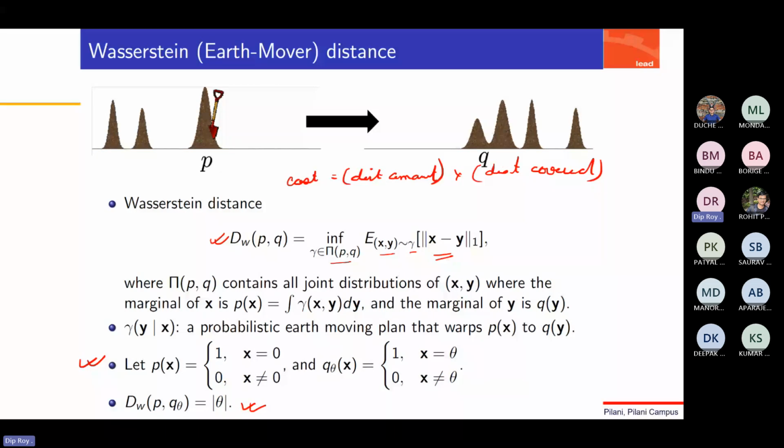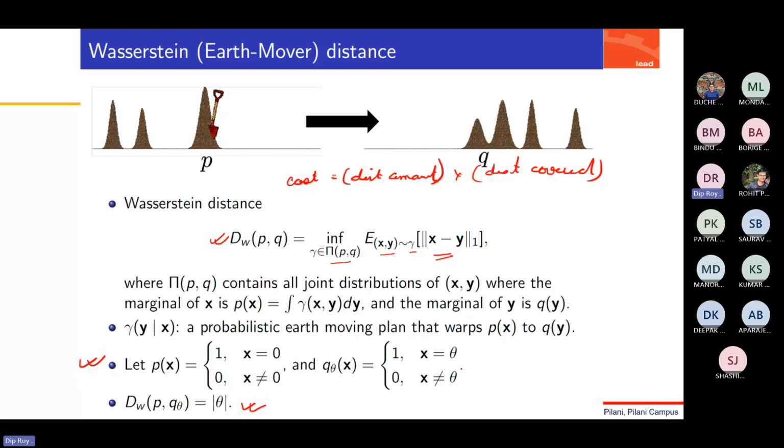The key problem essentially is that if there is no support between the distributions, it fails miserably.